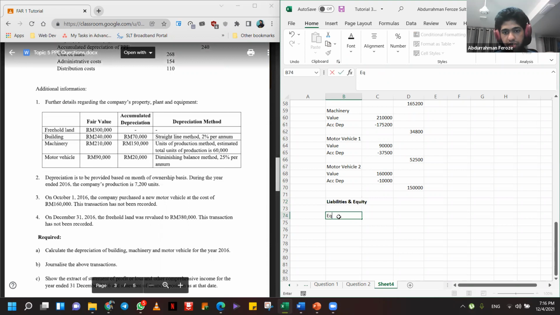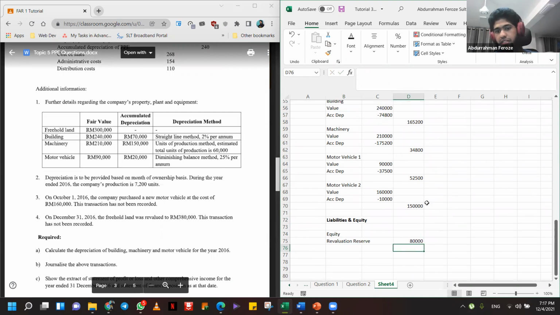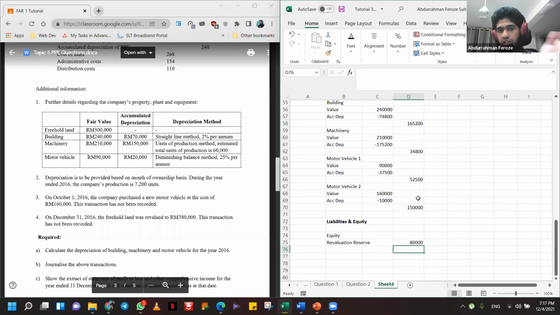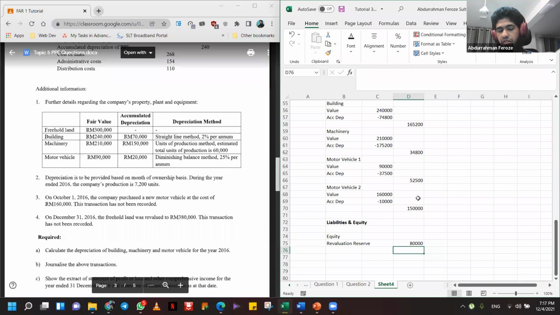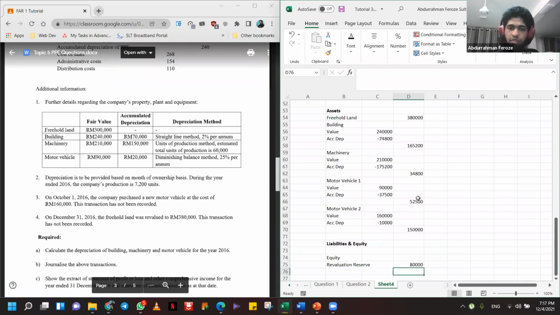But under equity, you would have revaluation reserve, which would be 80,000. See, the point is this: if there's an increase in one side of the equation, the other side also increases.